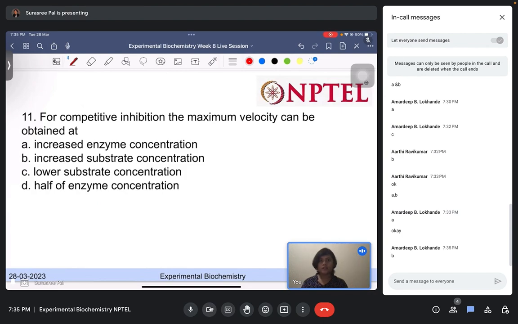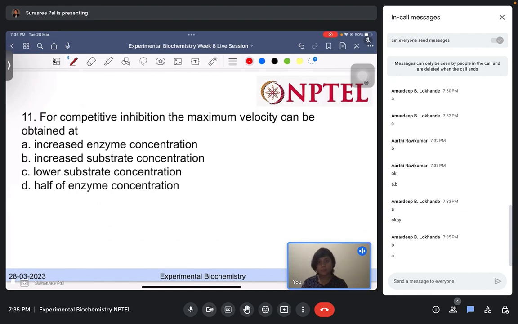So think about it intuitively: what will happen if we increase the enzyme concentration, or if we increase the substrate concentration in case of competitive inhibition, or if we decrease the substrate concentration or enzyme concentration? So where can we obtain maximum velocity, in which of the conditions?